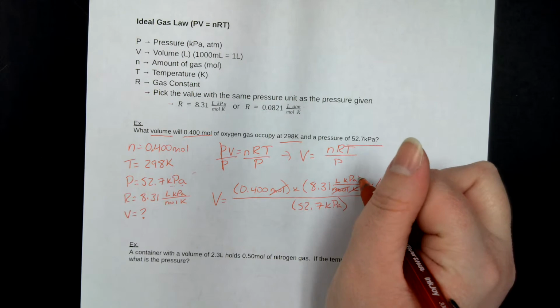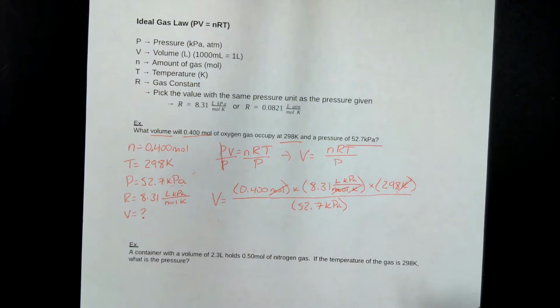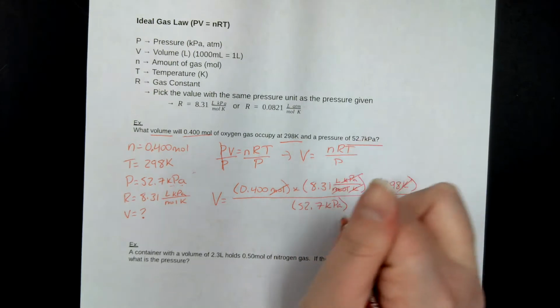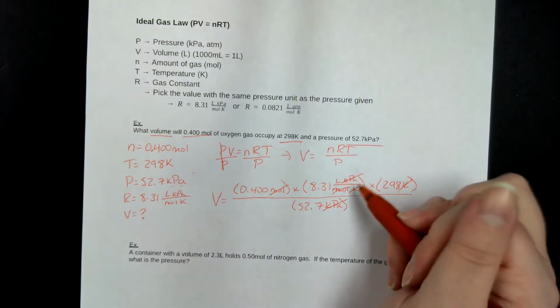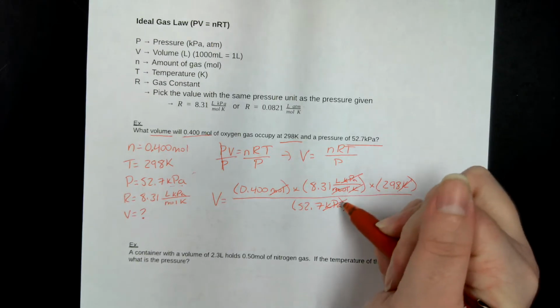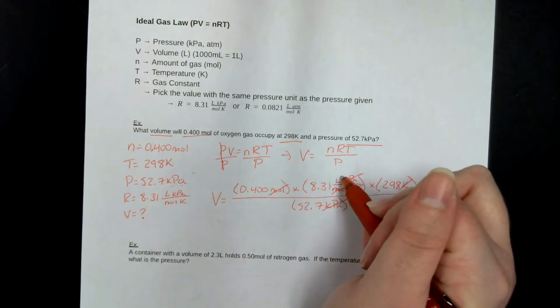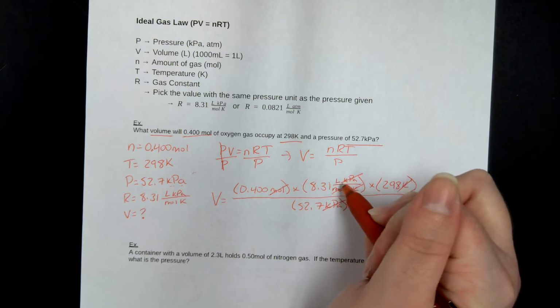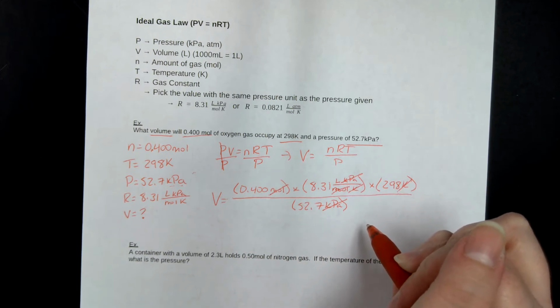We have kilopascals at the top and kilopascals at the bottom, so kilopascals will cancel out. And this is why your pressure units need to match so that they will cancel out. So our only unit left is liters, which is perfect because that is a unit of volume.